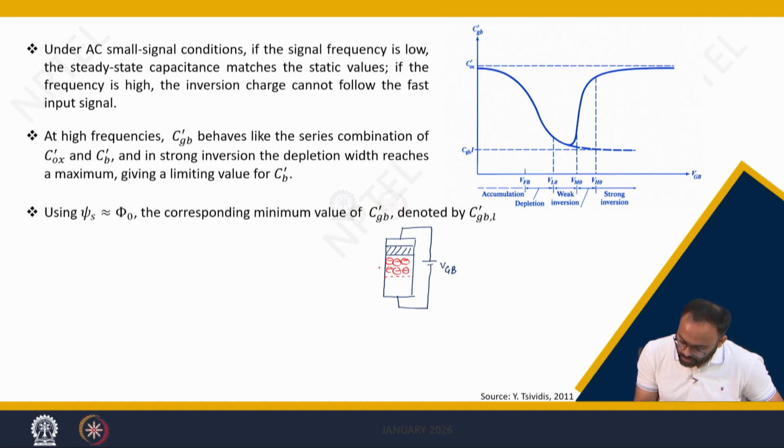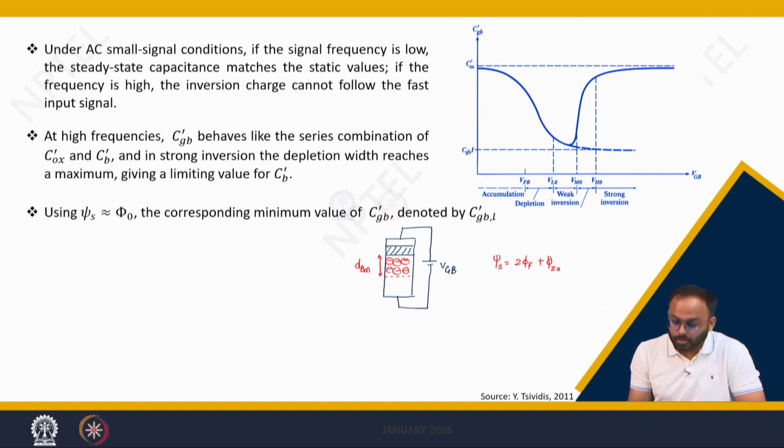I think we have already discussed this in previous lectures. This dBm corresponds to a surface potential value of 2 phi f plus phi z0, which we termed phi naught. At that surface potential we will get the maximum depletion thickness.